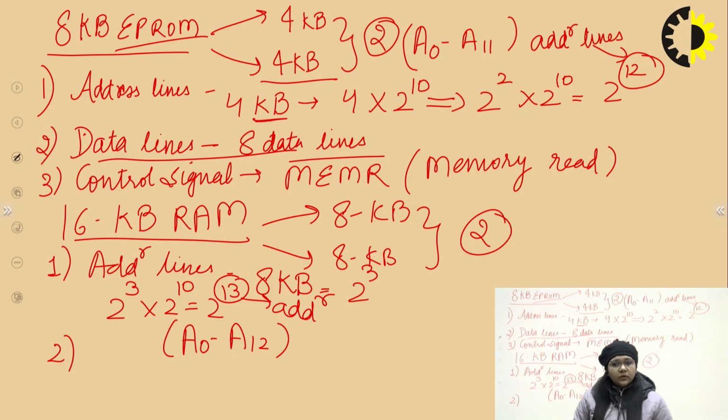Last is my control signal. As we all know, RAM is random access memory, and it is also known as read-write memory. So the control signals will be memory read and memory write.